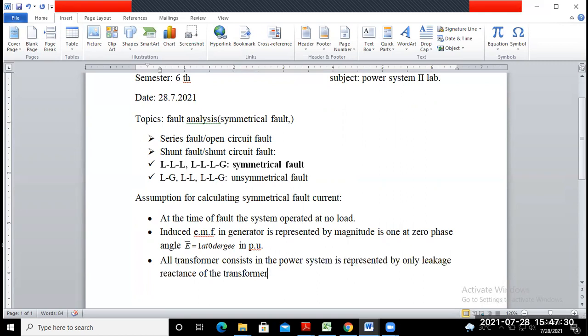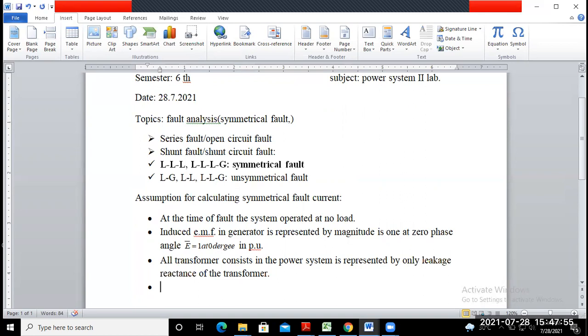This you may keep in your mind. The transformer equivalent resistance is represented by the EMF induced and the equivalent resistance and reactance. So whenever you consider the symmetrical fault current calculation, you only represent the transformer by the leakage reactance. That means X equivalent. Okay.